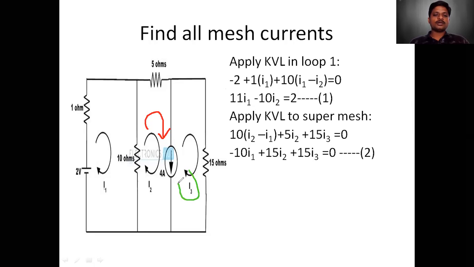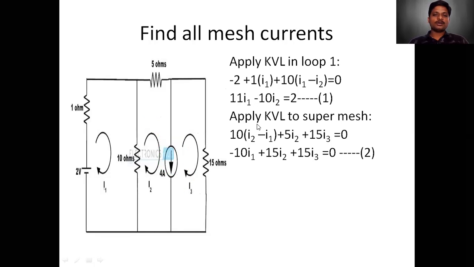So I3 is flowing in this way and I2 is flowing in the opposite direction. Therefore, because the given source direction is equal to the I2 direction, we will write the resultant current through the current source as I2 minus I3, and that will be equal to 4. So that is how we will get the third equation.